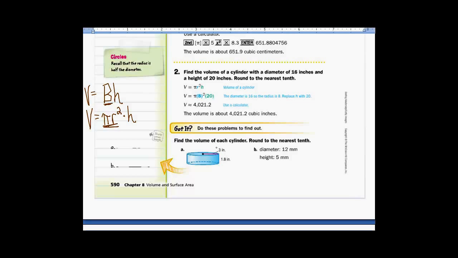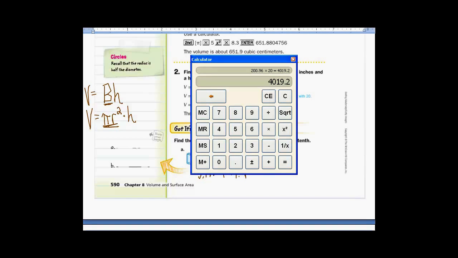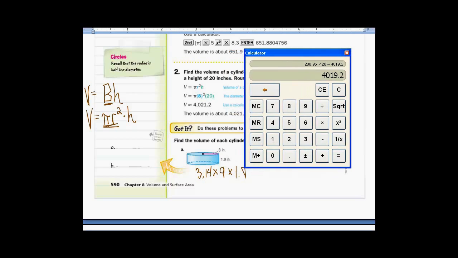The radius is 3, so I'm going to say 3.14 times 3 squared, which is 9, times 1.8. With my calculator, 3.14 times 9. Again, where did 9 come from?